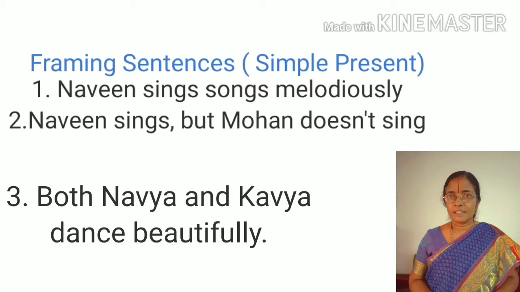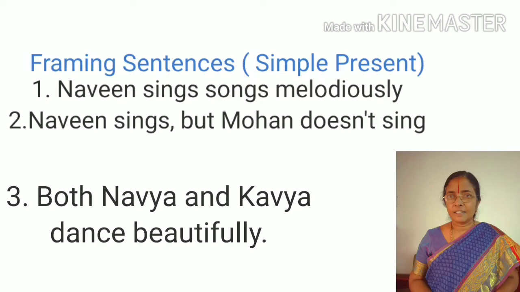Now, let us come to the third sentence. Both Navya and Kavya dance beautifully. Here, both Navya and Kavya are proper nouns, and it is plural. So, we have to take it as plural form. As such, in the main verb, we need not add s.